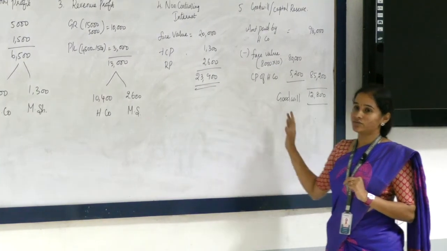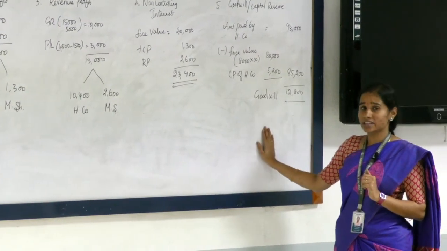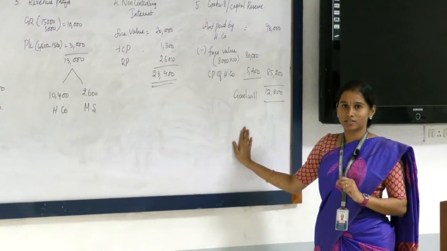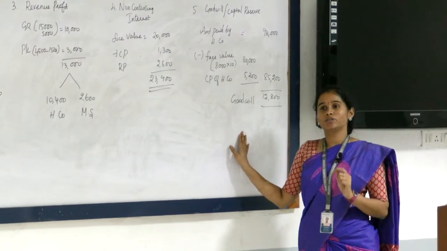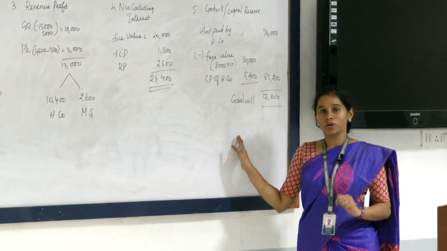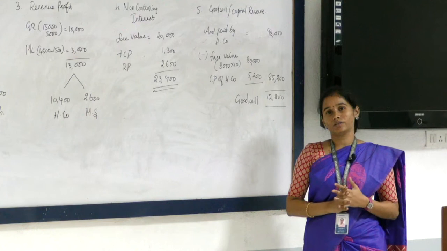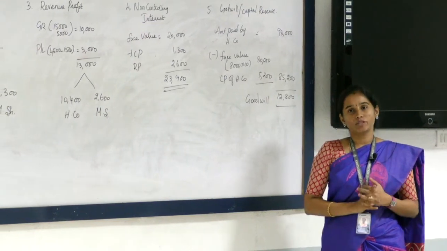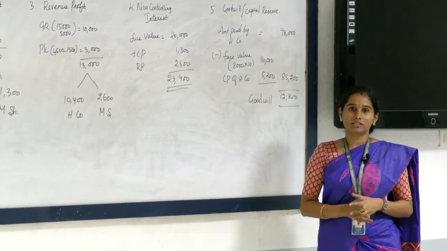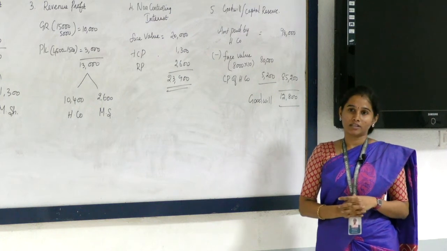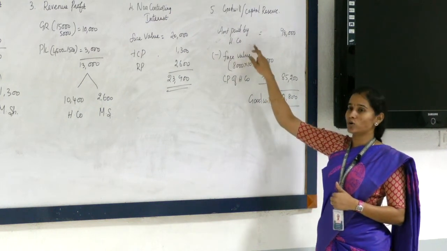And moving on to the fifth step, to ascertain goodwill or capital reserve. Here, from the point of view of the holding company, they want to know whether by way of investment they gained a profit or incurred a capital loss. How to ascertain that? Here is the amount paid by the holding company.